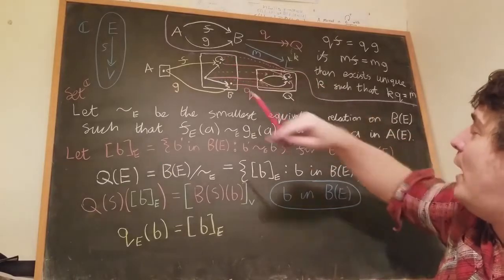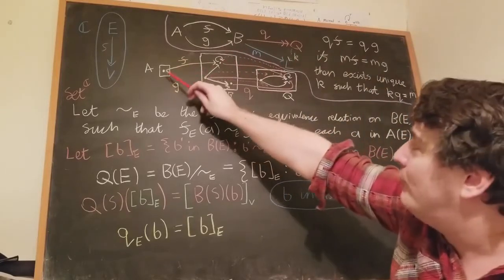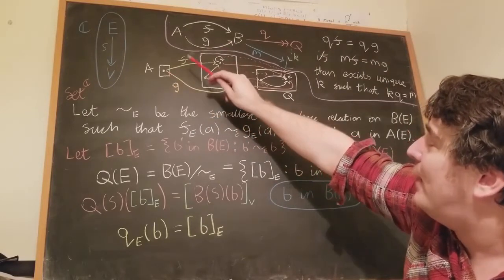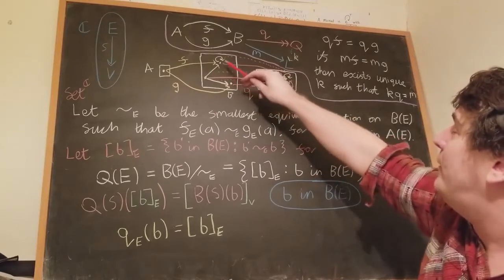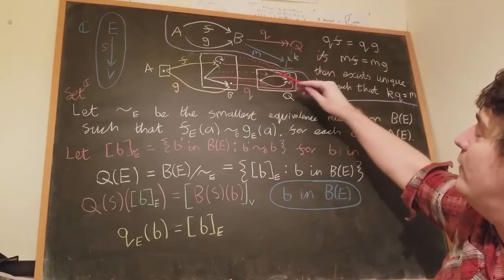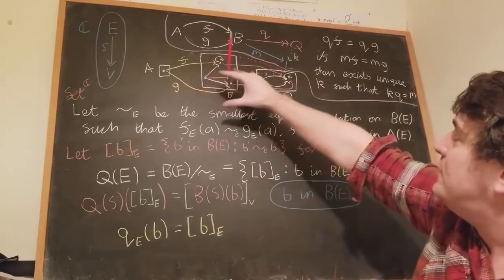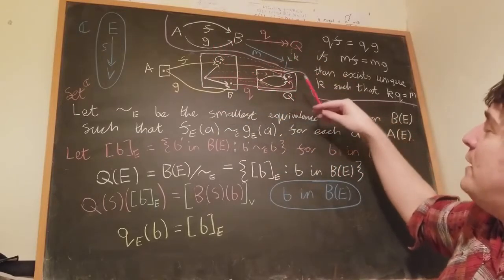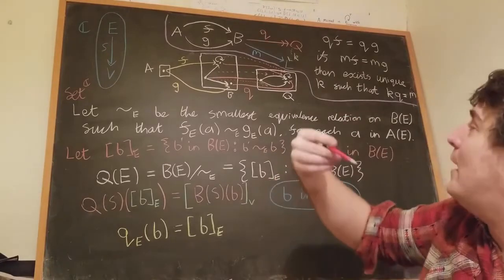And now the co-equalizer of this is basically the same structure, just whenever we have something in A, what that thing gets mapped to under F is identified with what it gets mapped to under G. So in this case, we stick these two vertices together like so, and this is the co-equalizer, this object with these things identified and this arrow here, which is sending the structure in B into this structure in Q. Now, the proper way to think about this stuff is in terms of equivalence classes, and I'll get onto that in a moment.